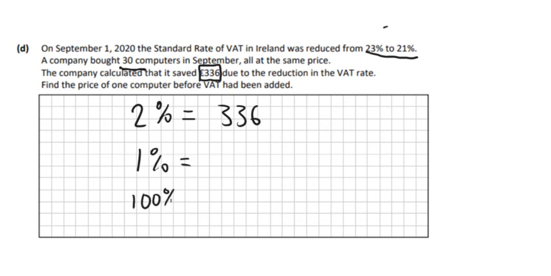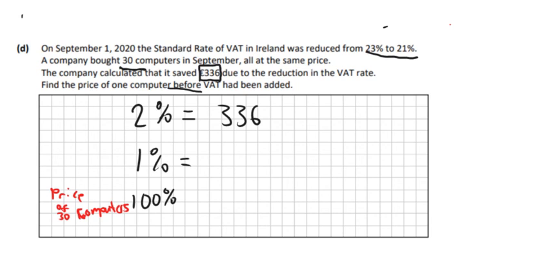So 100% would be the price of all 30 computers before VAT, and that's what we're looking for. We're looking for one of them before VAT, but we can do that after.